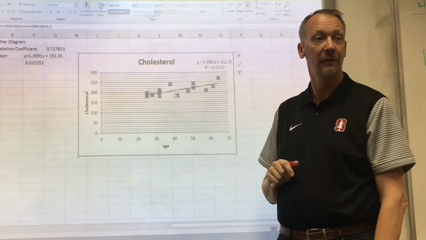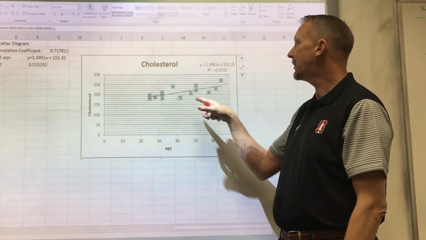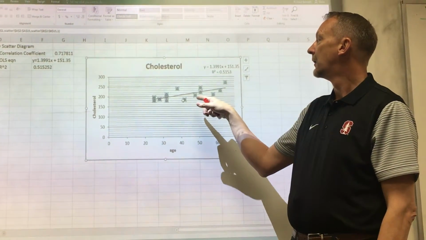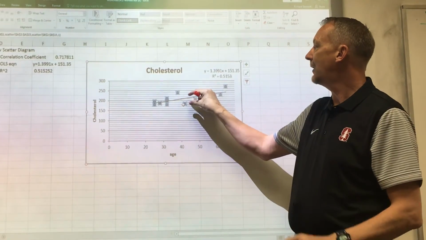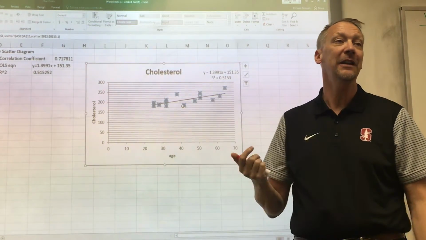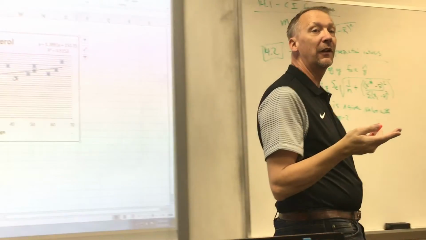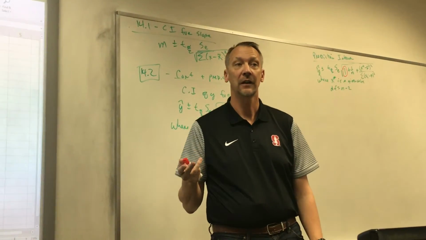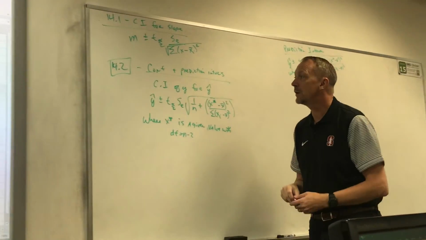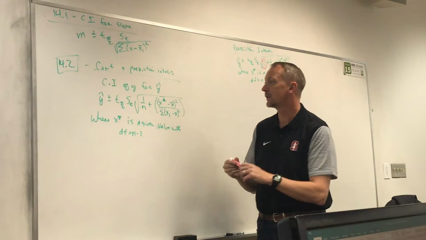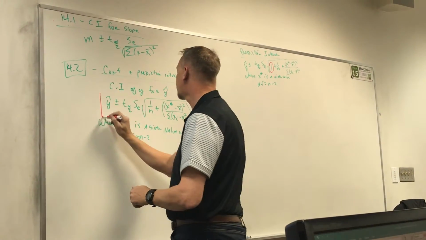She's probably healthy. So we could do a 95% confidence interval about this line. It'd be interesting to see if she was within that 95% confidence interval. So here's your formula.